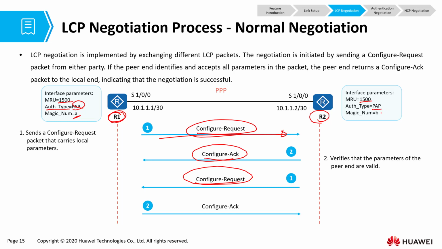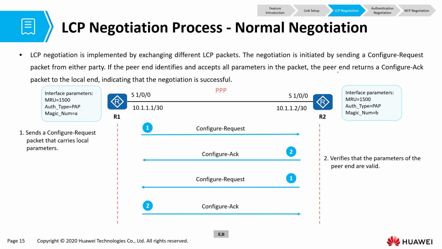Password authentication protocol is the one used for authentication, and the magic number is B. It's going to send those in its own configure request. And if router 1 accepts all the parameters, it's also going to send its own configure acknowledgement to the other end.